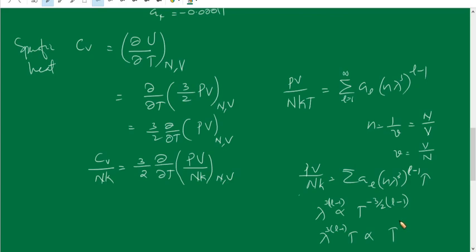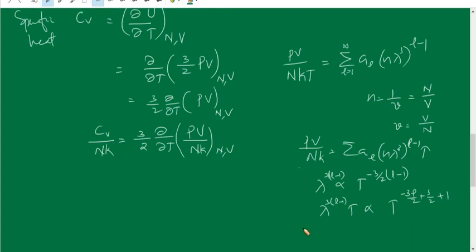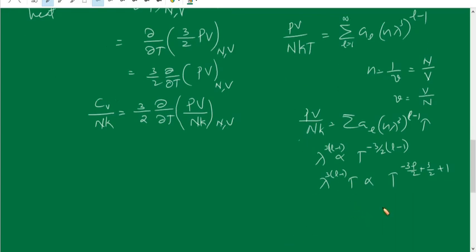This will be equal to minus 3L by 2 plus 3 by 2 plus 1, that is 5 by 2. So the power will be T raised to 5 divided by 2 minus 3L divided by 2. This is the coefficient of the power of the temperature.